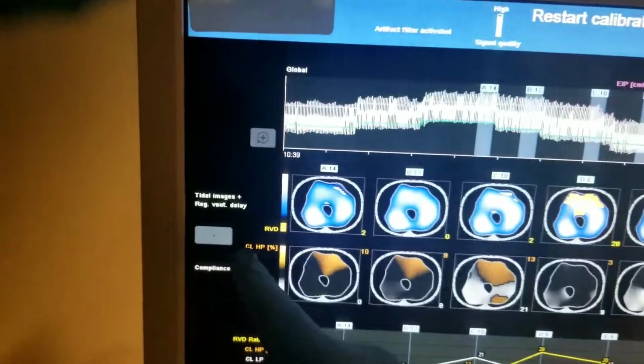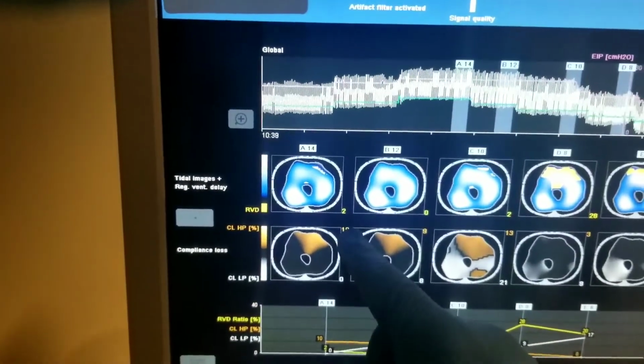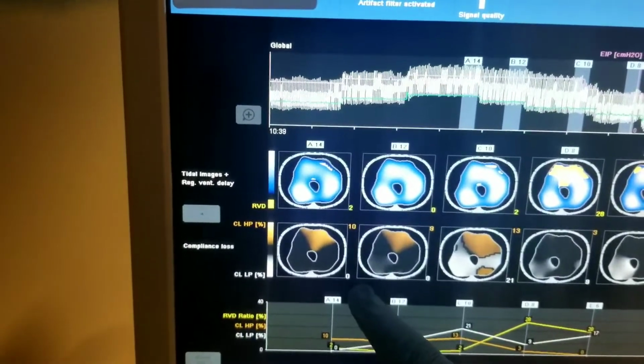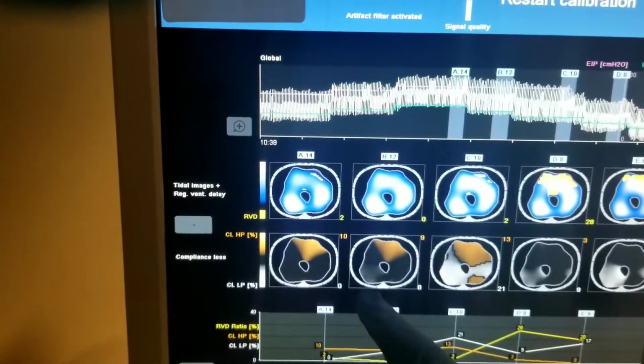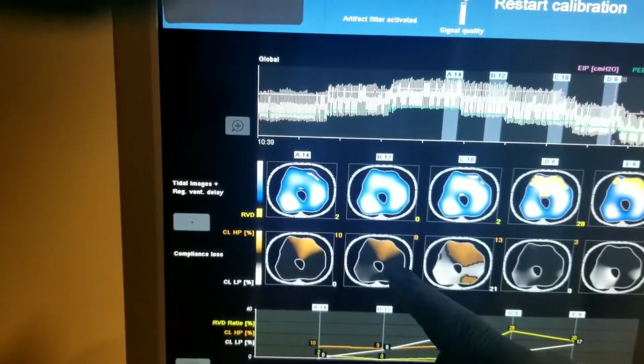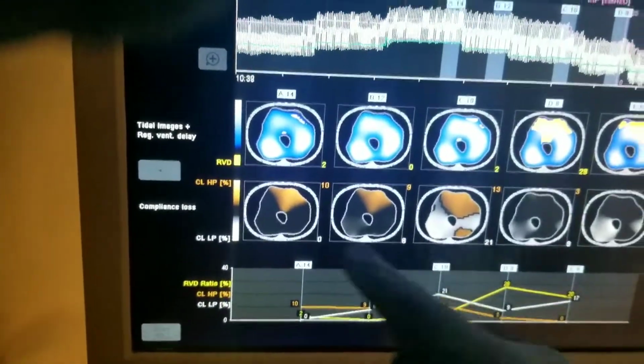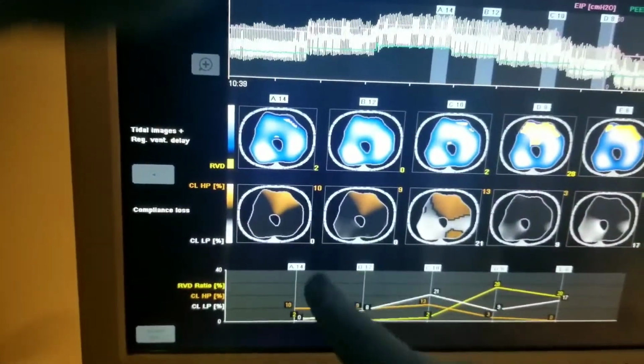And over here, this is a compliance loss. The orange saturation is represented also in percentage of compliance loss compared to the reference. So let's look at over here. The lines here, the vectors, are also the same numbers as here.